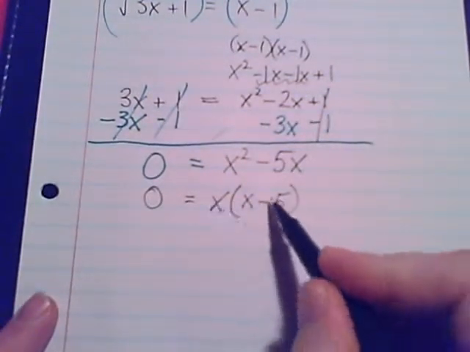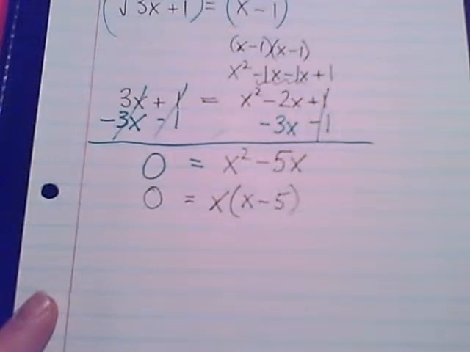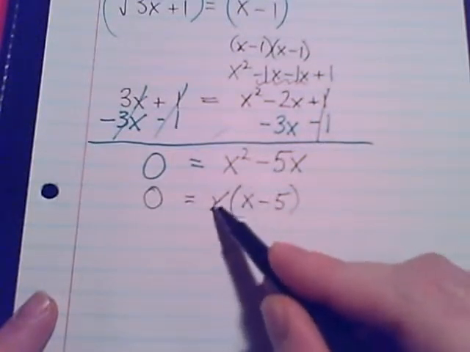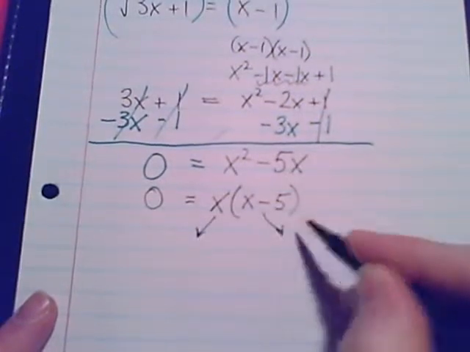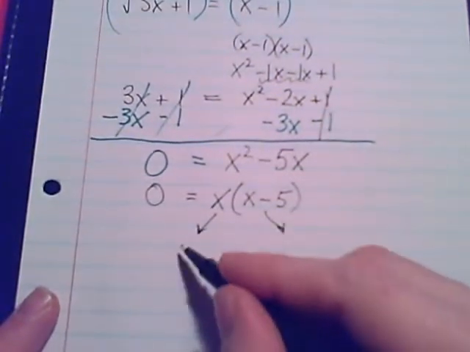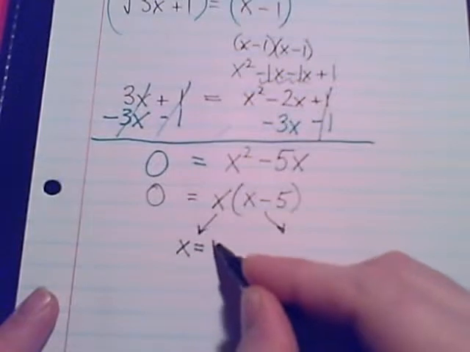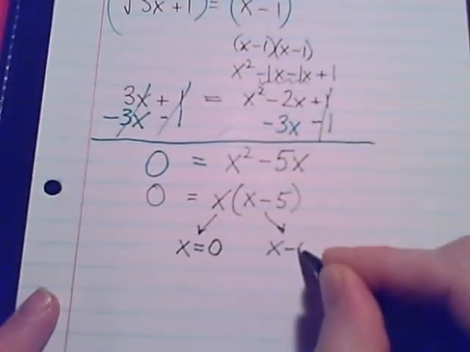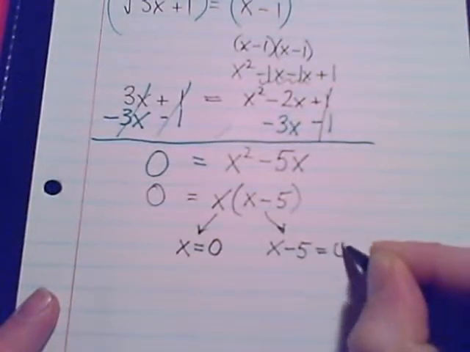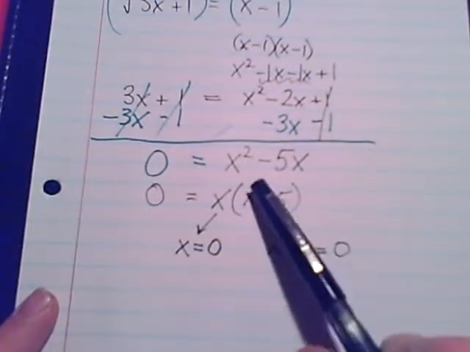We have 2 things multiplied together equals 0. The only possible way that you can multiply things and have it equal 0 is if one of those parts, or maybe both of them, are actually equal to 0. So maybe x equals 0. There's our first solution. Or it's possible that x minus 5 equals 0. And that's this quadratic.